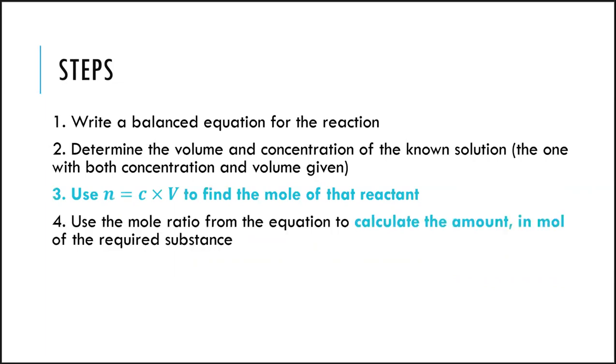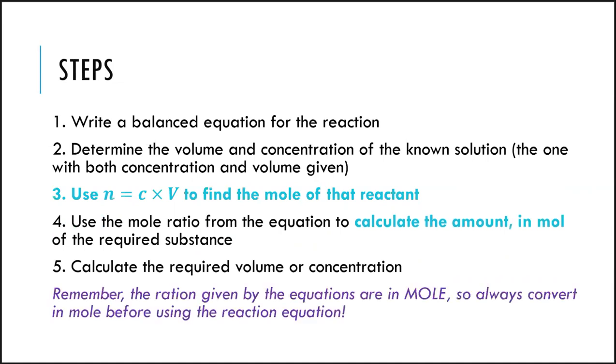Then use the mole ratio to calculate the amount in mole of the target substance that you want to find out, the unknown. Then use the same equation, rearranged, to find out the concentration. Remember, the ratio given by the equation is in mole, so always convert everything into mole before you use the balanced equation ratio.